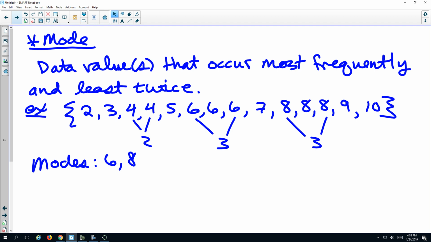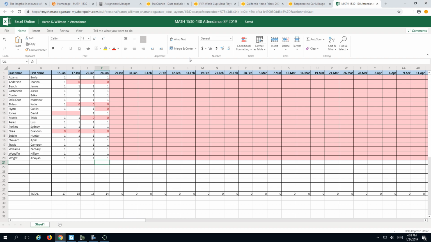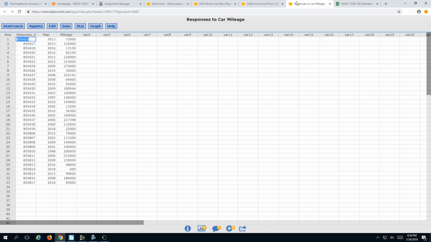All right, I'm going to show you StatCrunch steps. So I'm going to open up that car mileage data that we used last class, right? And let's use the model year.